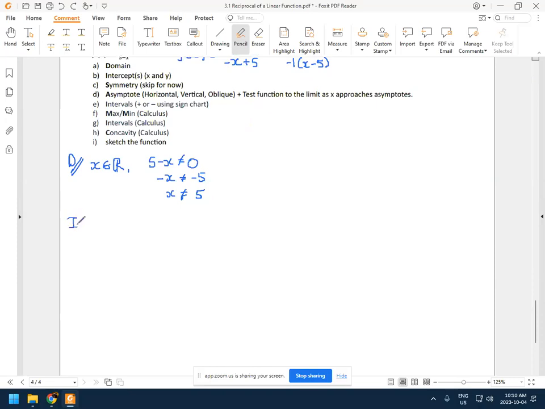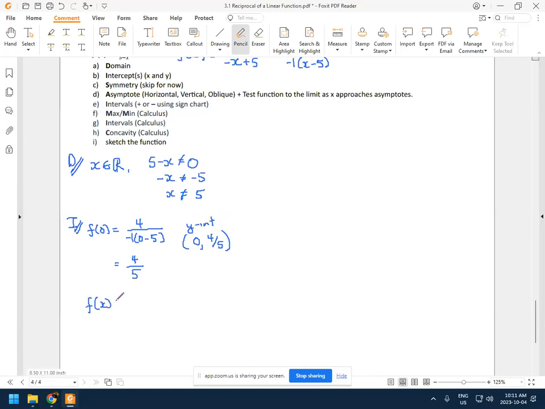Let's do the y-intercept. When x is 0, f is 4 over negative 1 times 0 minus 5, which is 4 over 5. I don't know if that's a good or a bad y-intercept, but there it is. This is my y-intercept. Now for the x-intercept.